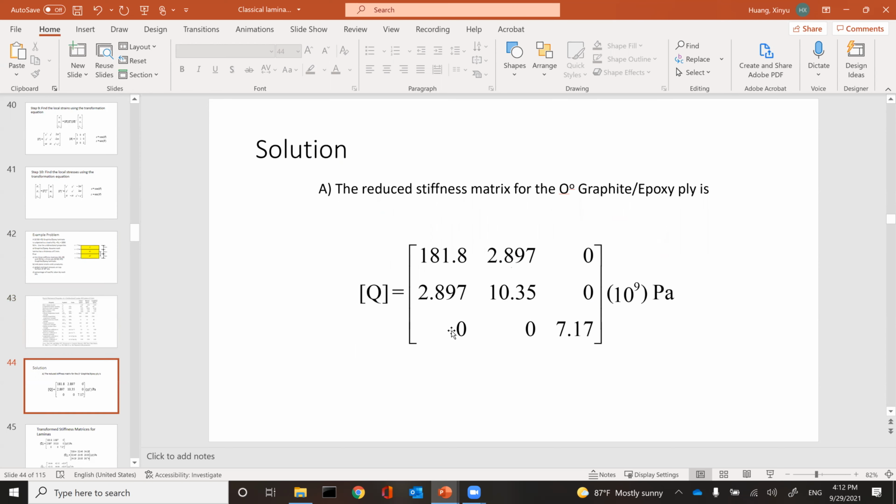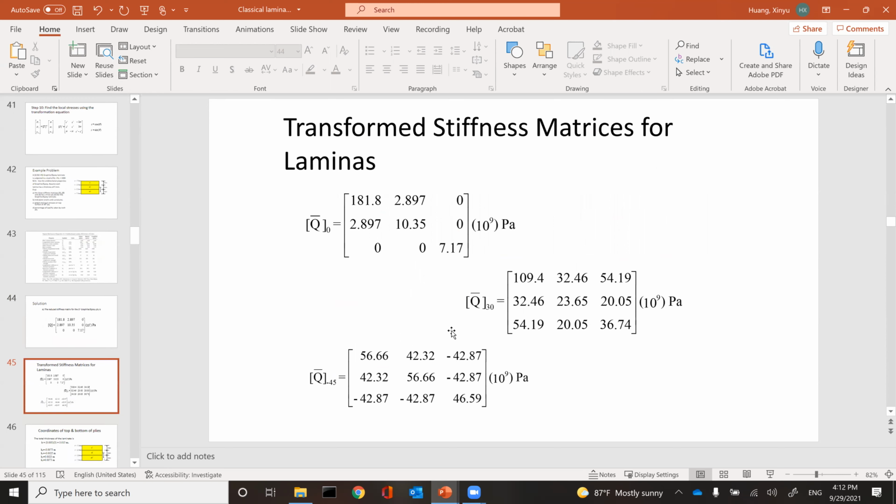Okay, this is a Q matrix. For all the layers, they're the same layer. And then this is a Q bar, the Q bar matrix. Now I said the Q bar matrix is a full matrix. How come the first one has 0 entries? That's a 0 degree layer. It has no rotation.